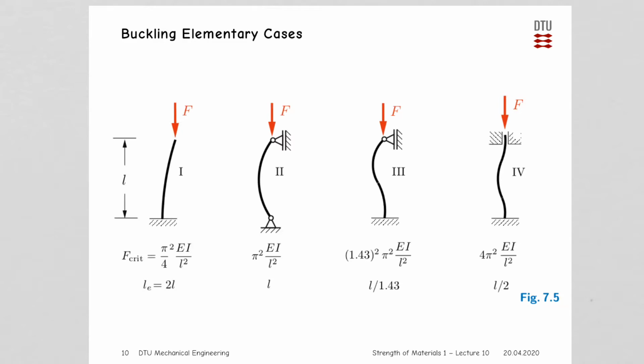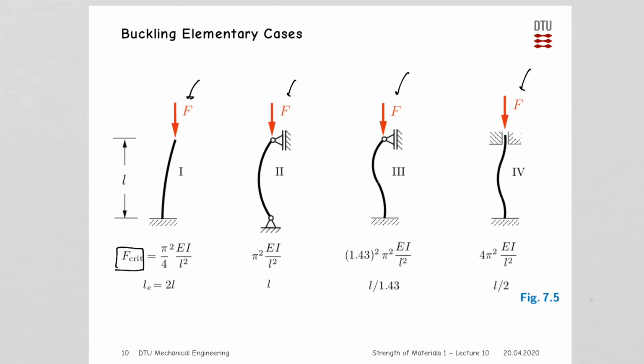As we see here, what you should pay attention to is that we compute critical forces. What we will find is that if the force that we put on the beam exceeds the critical force, then we will have buckling. And as we can see here, we can find explicit formulas for the critical force that we need to apply in order to have buckling of the beam.